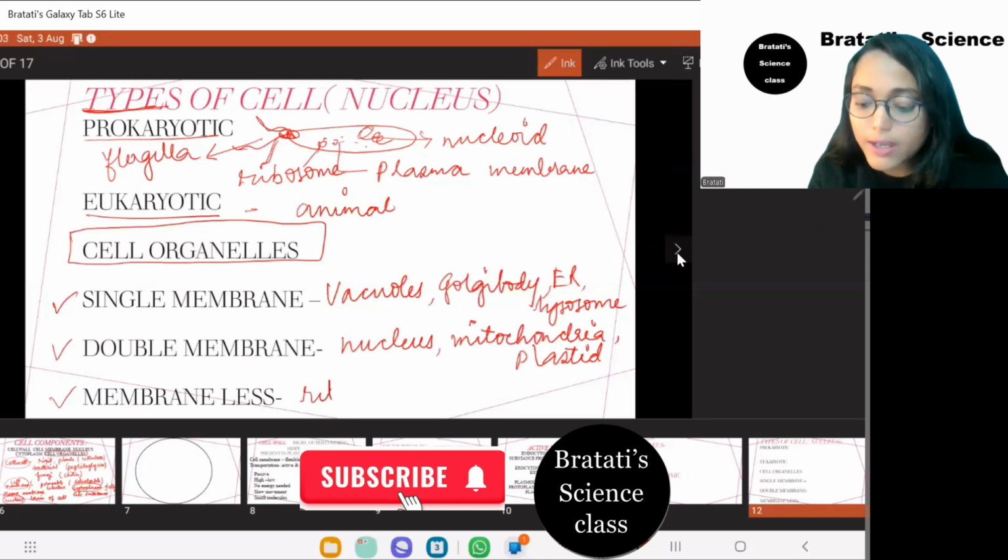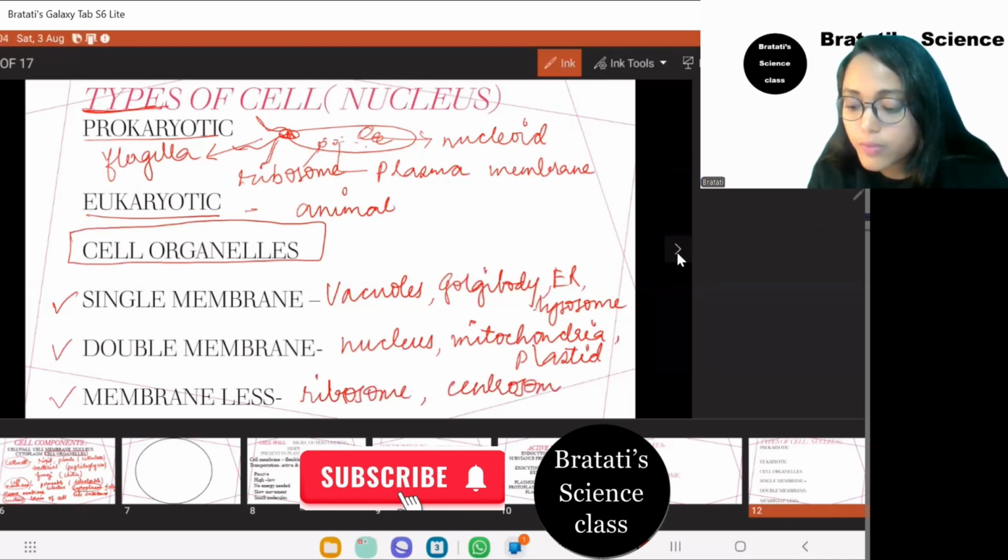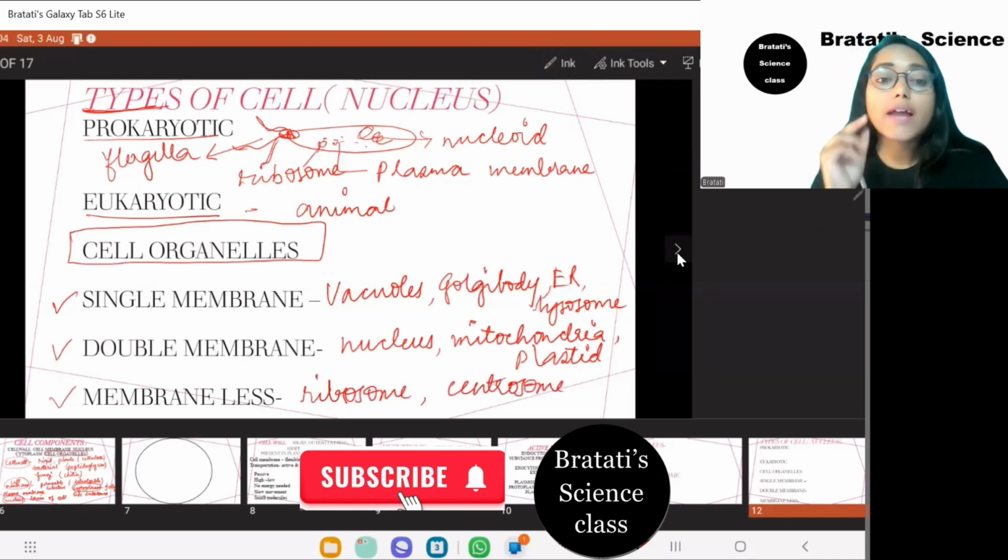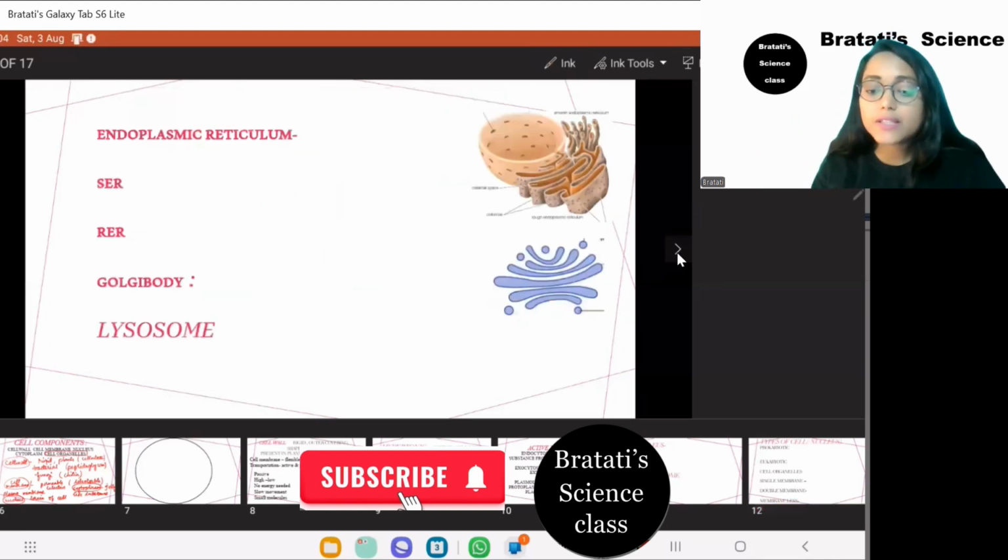Membraneless can be ribosome and centrosome. So these are the organelles which do not have a membrane. These are all present in the cell.